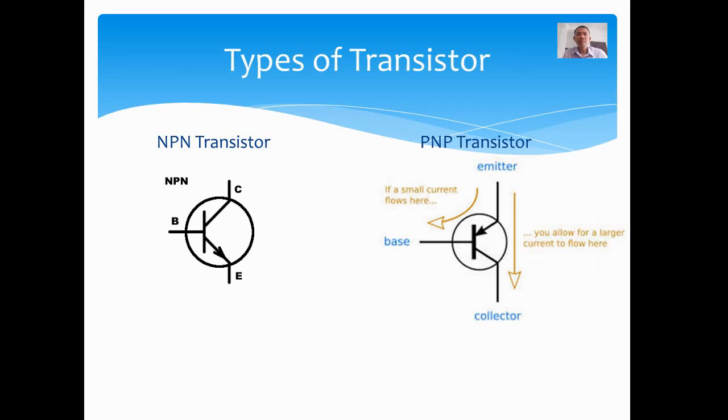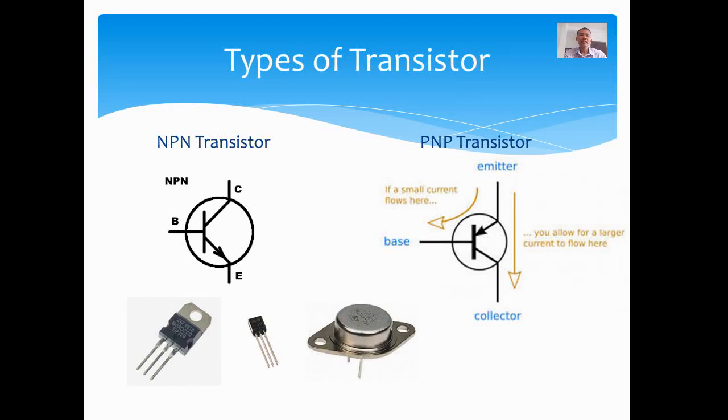And this time, the arrowhead on the emitter terminal is going in. Again, these three types of transistor outline can be an NPN transistor or a PNP type transistor.